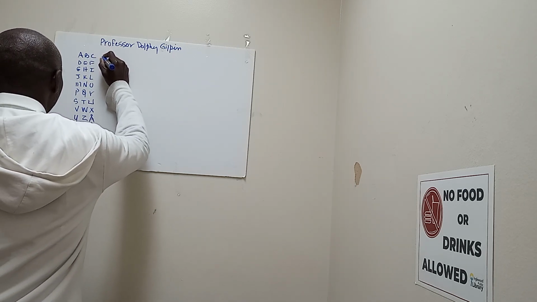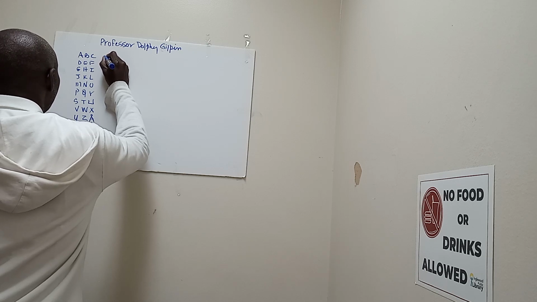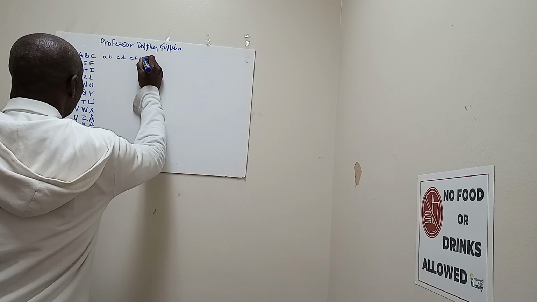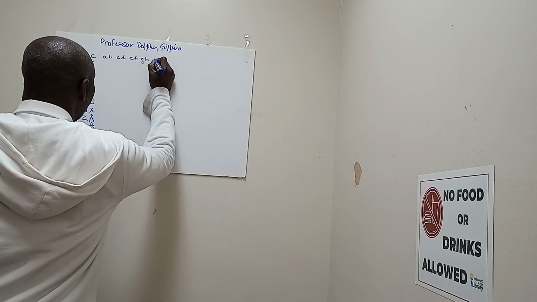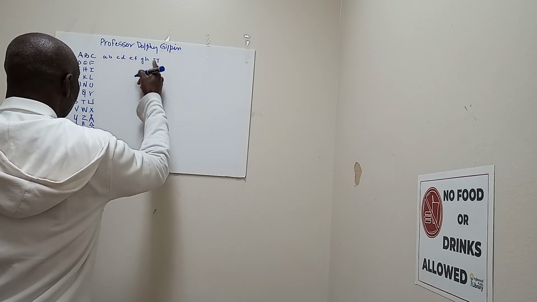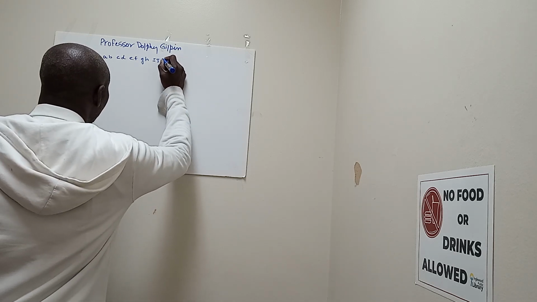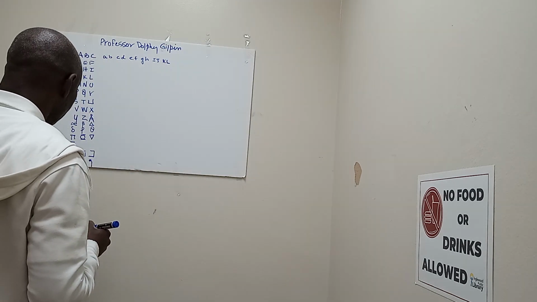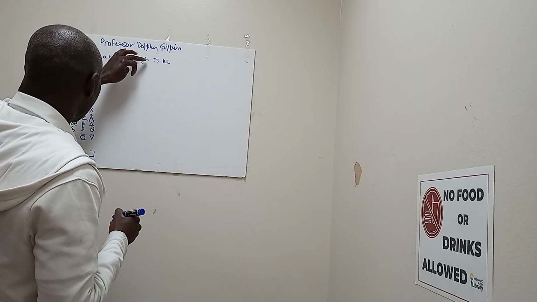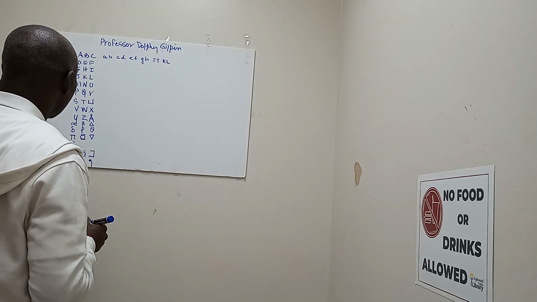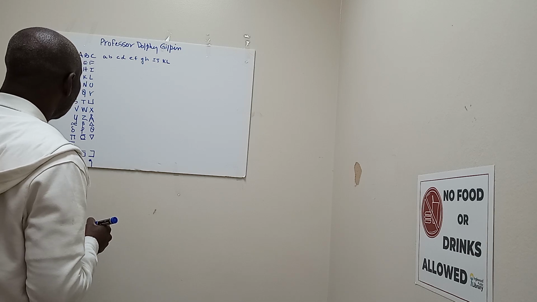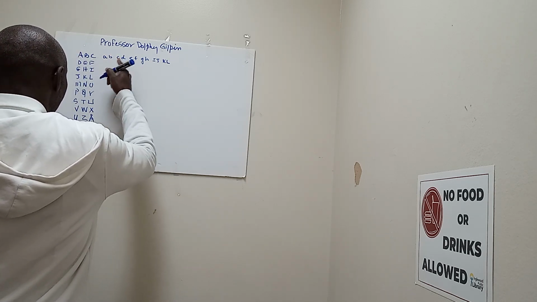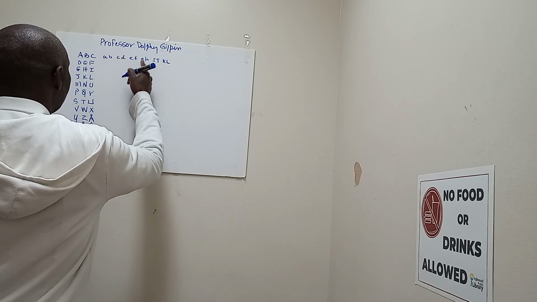We're going to pair them off now. A, B, C, D, E, F, G, H, I, J, K, L. Seven, 8, 9, 10, 11, 12, 13, 14, 15.